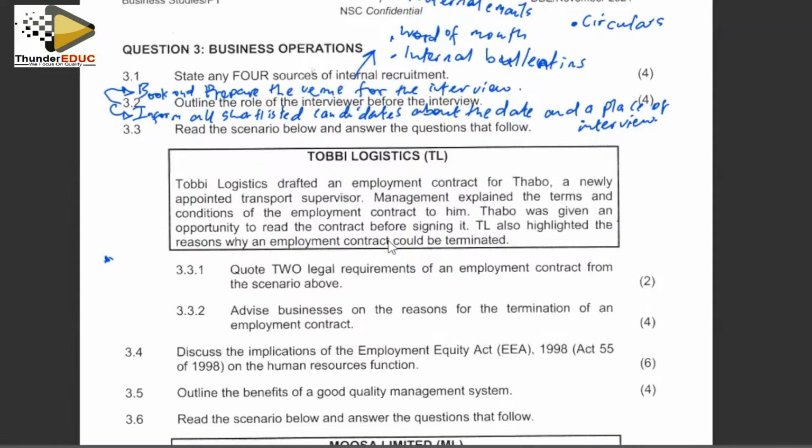Okay, right. We are saying that Tabo was given an opportunity to read the contract before signing it.